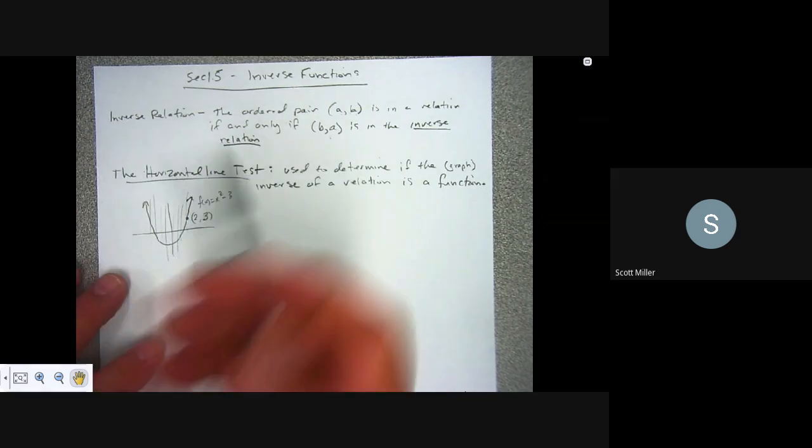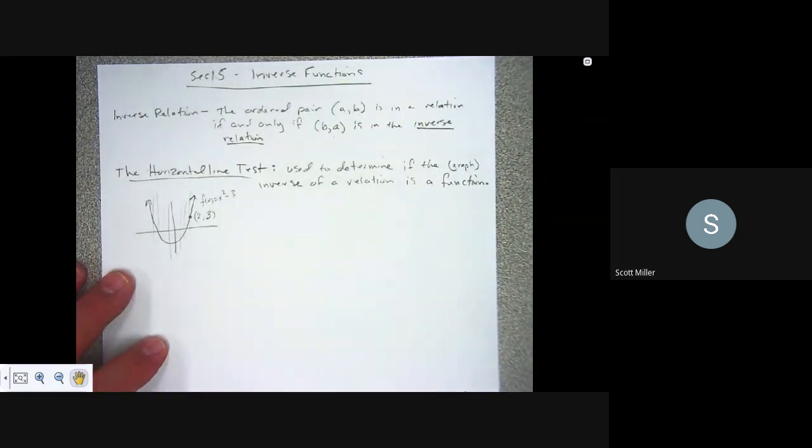Well, that's what the horizontal line test does. It's the same argument as for the vertical.